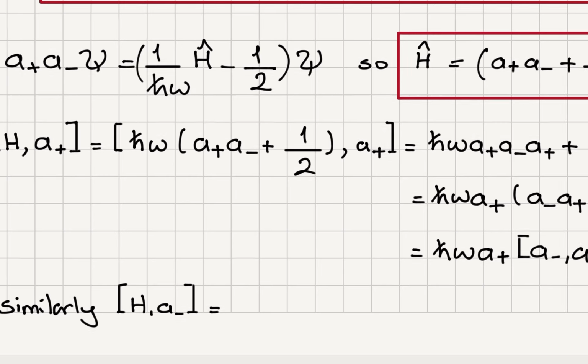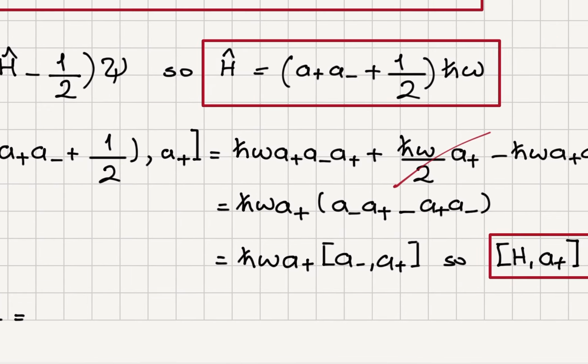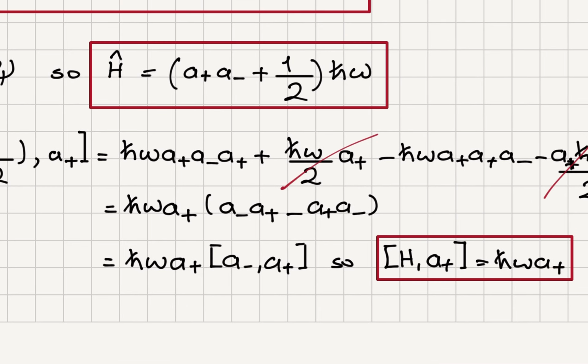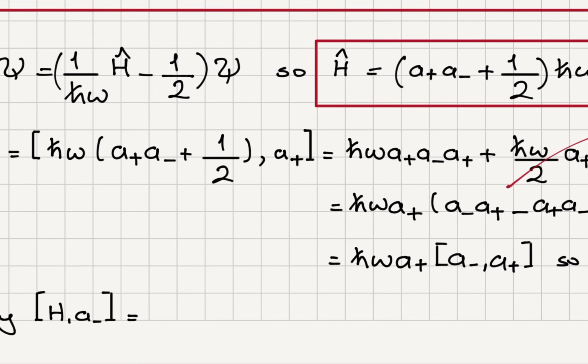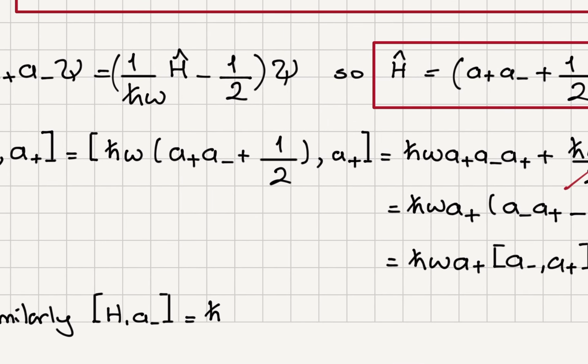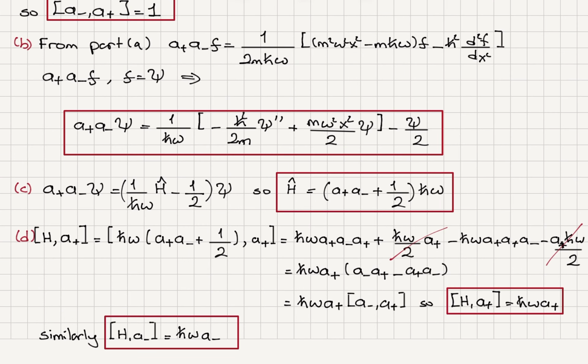The only thing is I'm replacing A plus with A minus in my end result. So this is going to become H bar omega A minus. That's the only thing that changes here. So this sign changes from plus to minus.